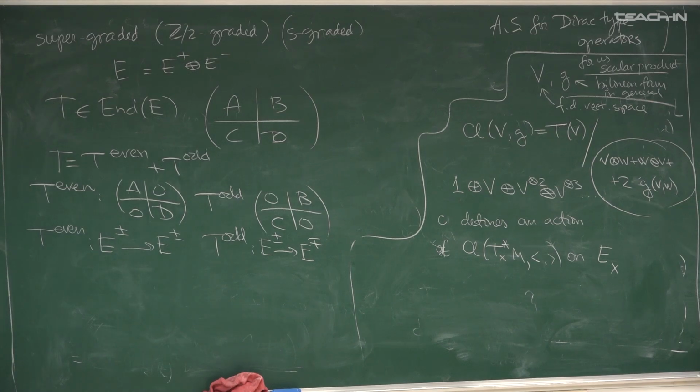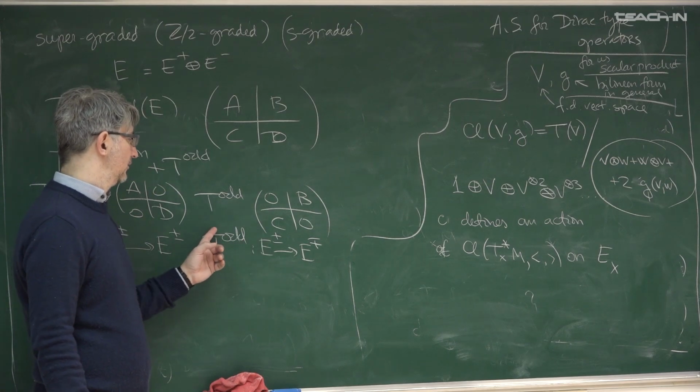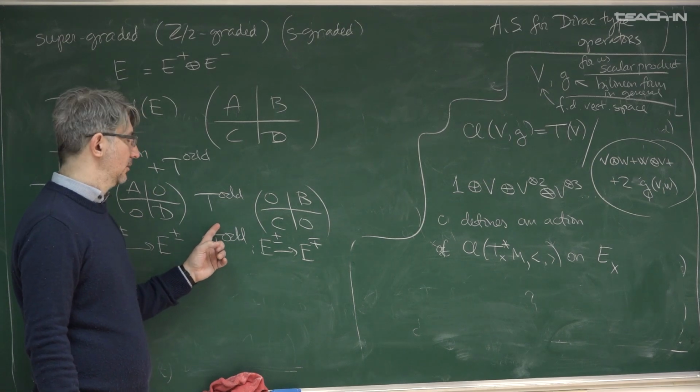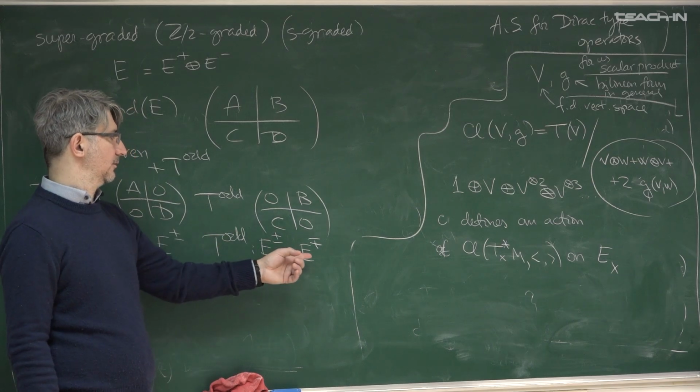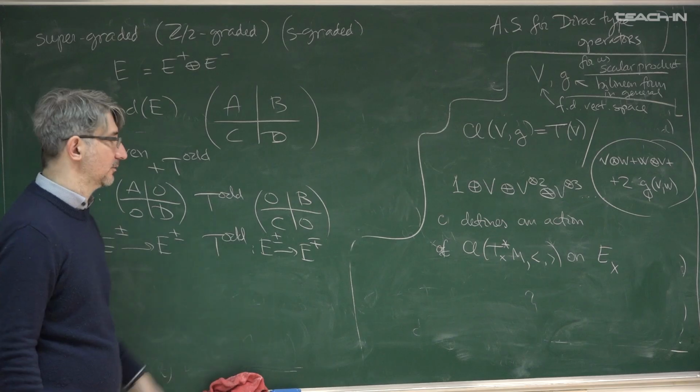So if you take a vector from E plus, T even sends it to E plus. If you take a vector in E plus and apply T odd to this vector, the result will belong to E minus because of the form of these matrices.